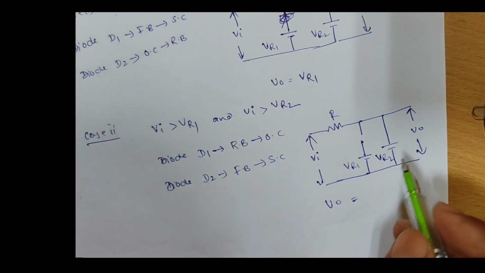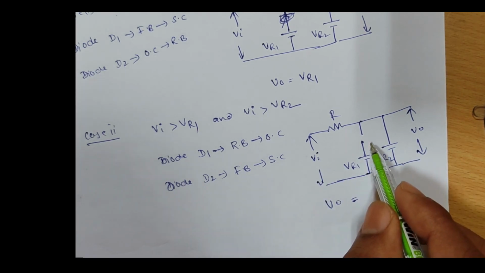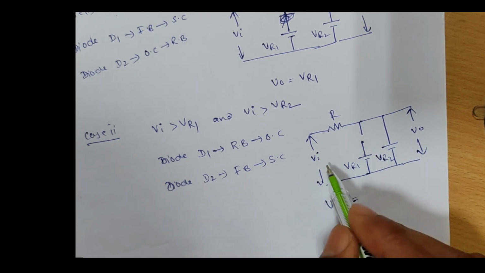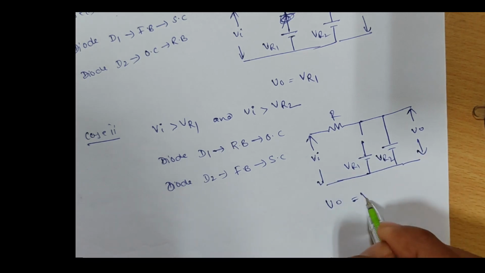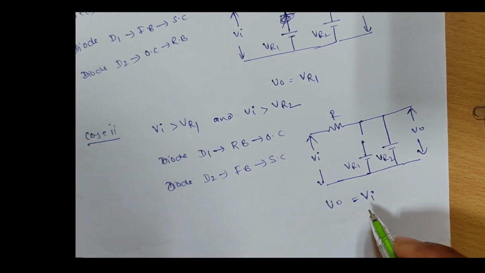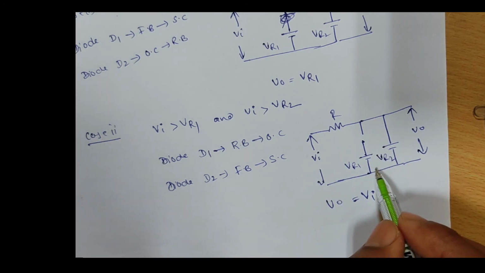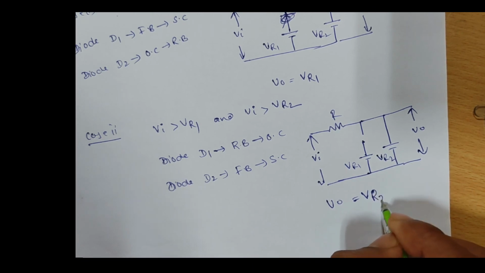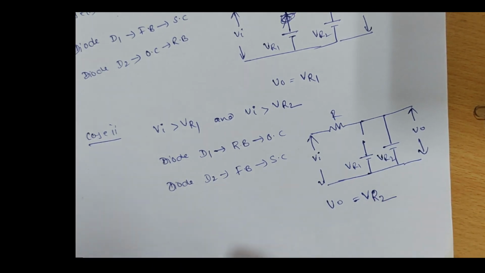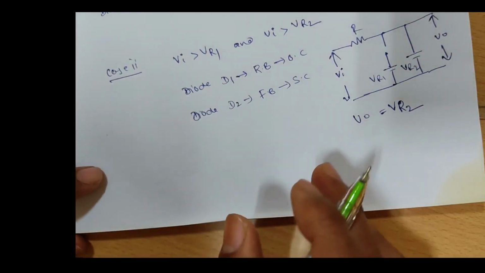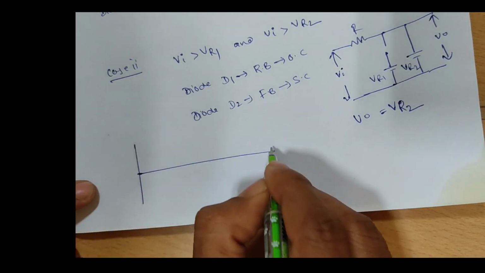Output V0 equals Vi, right? Up to this point it equals VR2 only. So V0 equals VR2 only. So from this we can draw the output waveform.